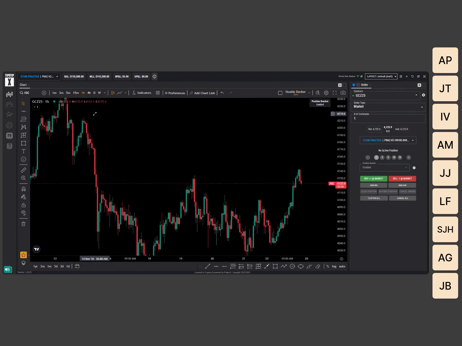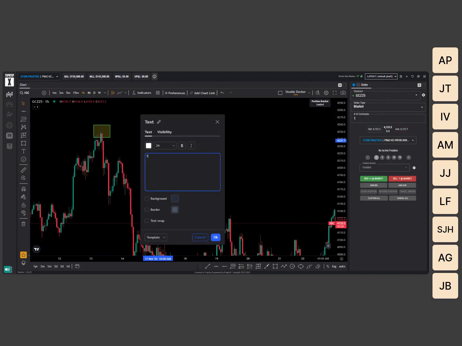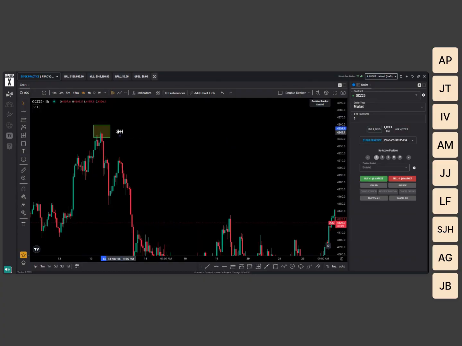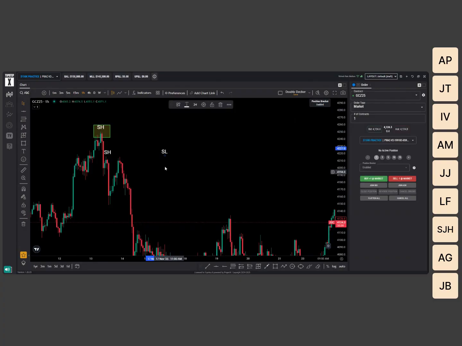So if we're on the upside, this is a swing high, this is a swing low, swing high, swing low. Let me mark this on real quick. So we have a swing high. All right, so swing high, swing low, swing high, swing low.